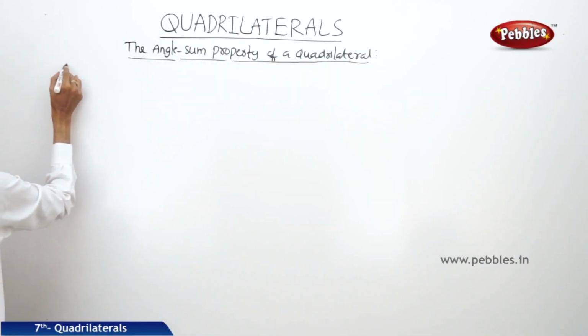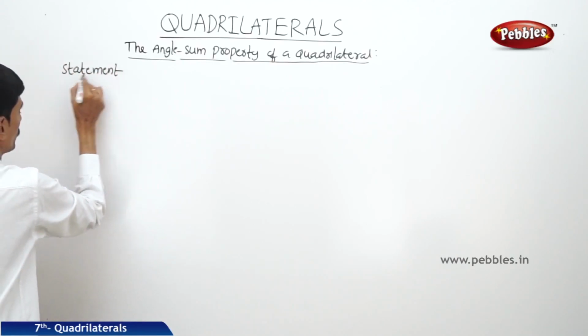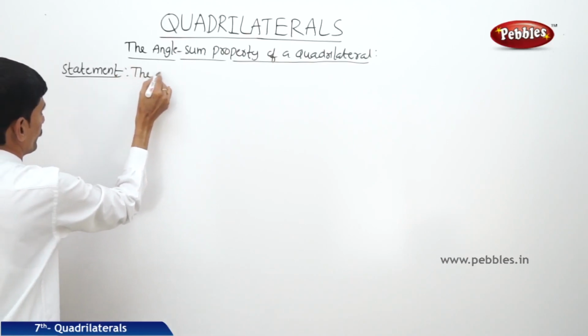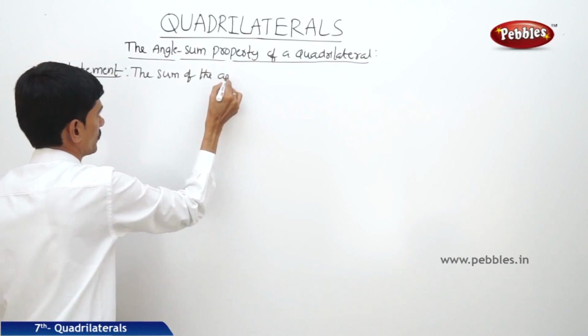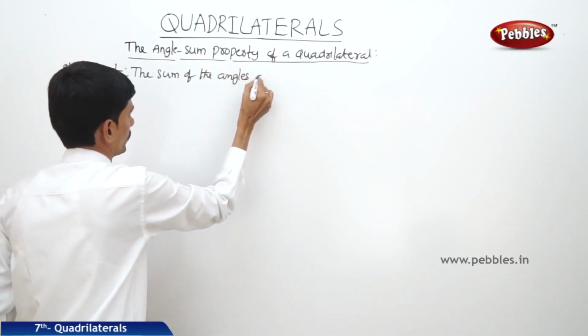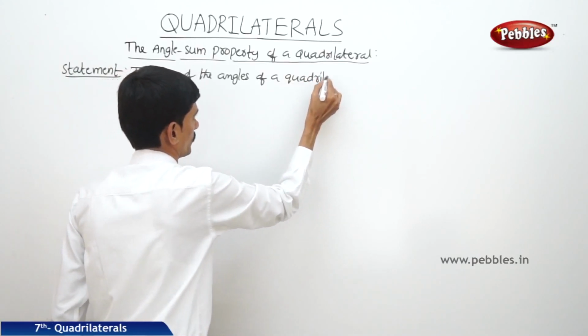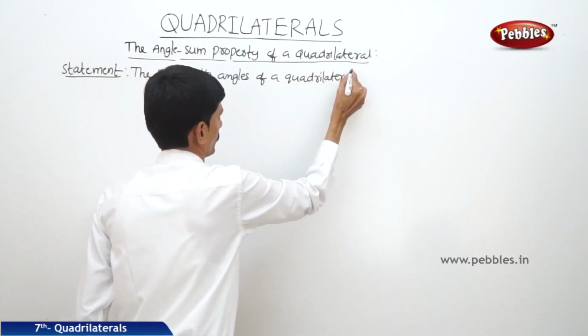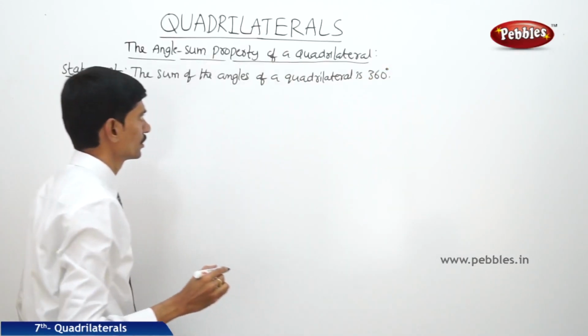Statement: the sum of the angles of a quadrilateral is 360 degrees. Now let us prove this.